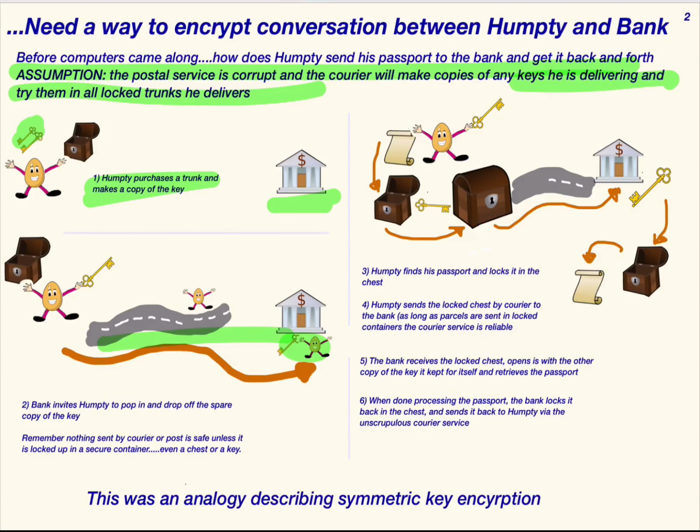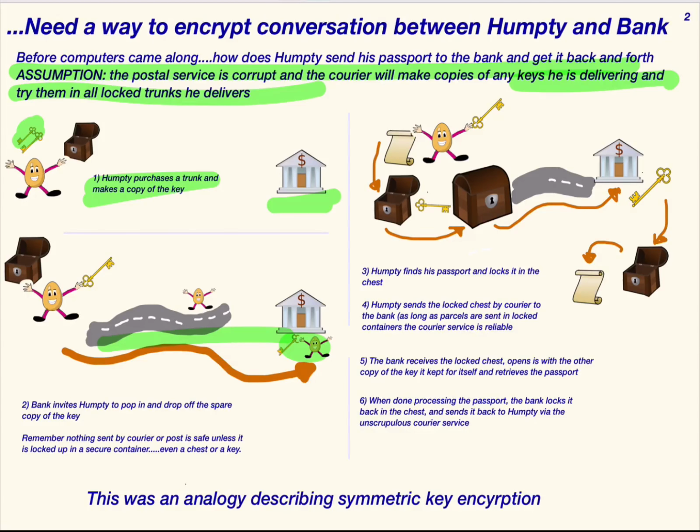Right? So the bank receives the locked chest, and he opens it with the copy of the key that Humpty delivered to him. Right? That's no problem. They process their passport, they do what they need with it, and then they lock it back up in the chest with their own copy of the key, and send the chest, not the key, back via the same evil courier service back to Humpty Dumpty.